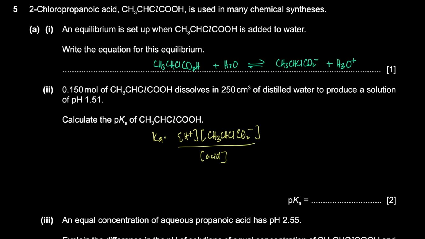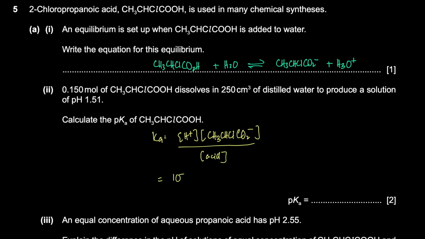The concentration of H+ at equilibrium is the same as the concentration of the conjugate base. If X moles of H+ form, then X moles of the conjugate base form. H2O is not part of the Ka constant. The concentration of H+ is 10 to the power of negative pH.